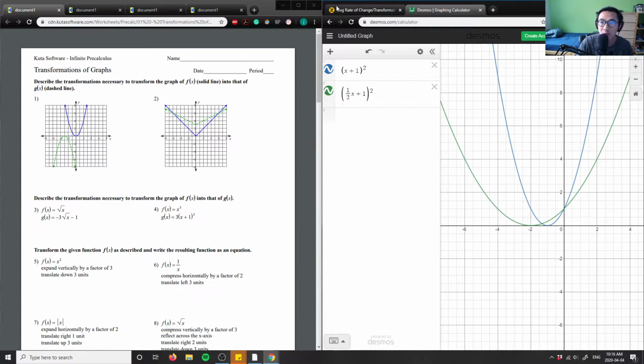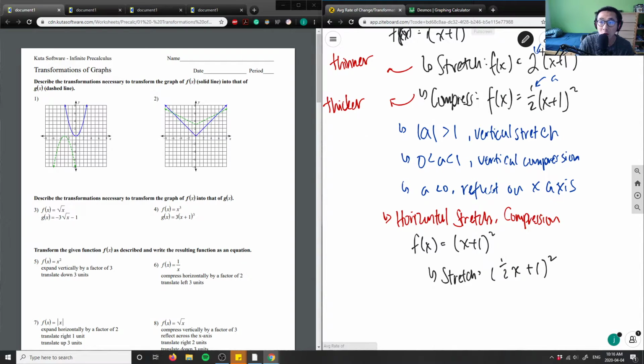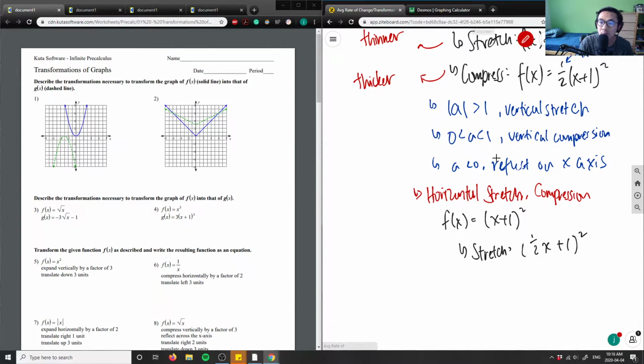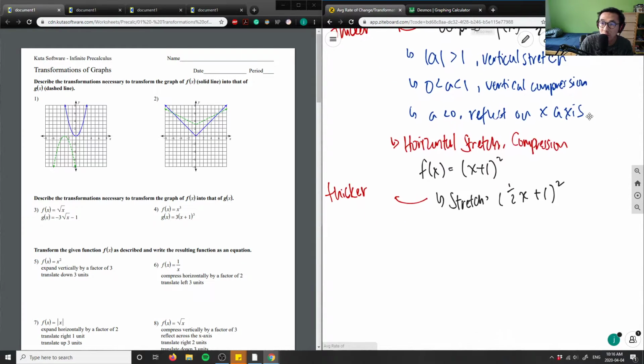So I can say here, this is the opposite. Remember how vertical stretch was thinner, horizontal stretch is thicker. So I'm going to write here, thicker. And then as you can probably tell from the pattern here, a compression would be thinner in the horizontal plane.